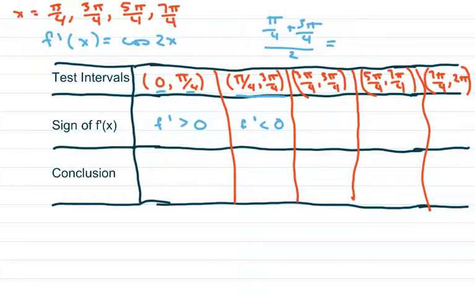And that's how you do it. You just get midpoints. You add these up, divide by 2. In this case, we're going to get 8 pi over 4 divided by 2. So that's going to be positive.